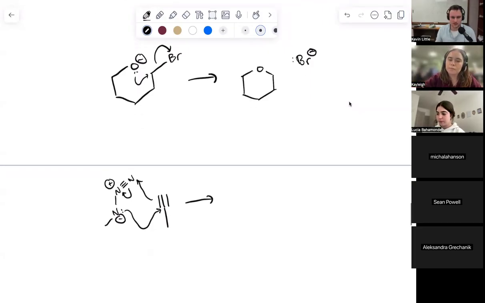This bottom one's a challenge. It's really hard. But if you follow it step by step, it's not too bad. On these more complicated ones, I always start by just redrawing the starting materials.